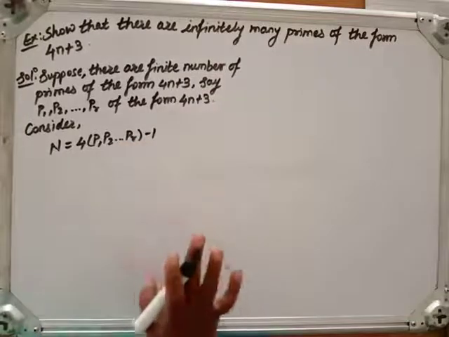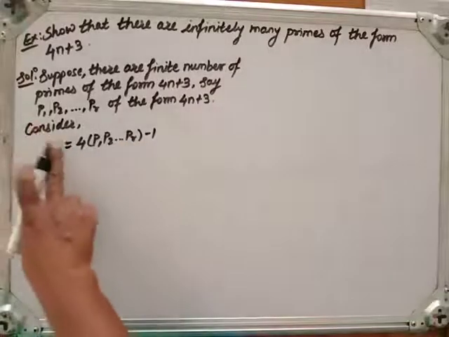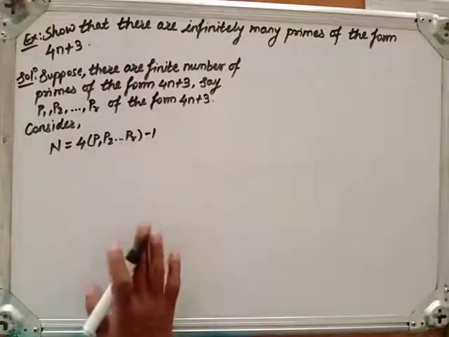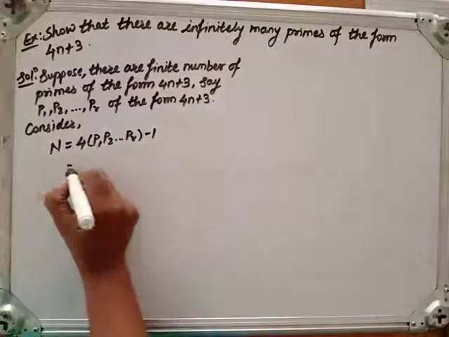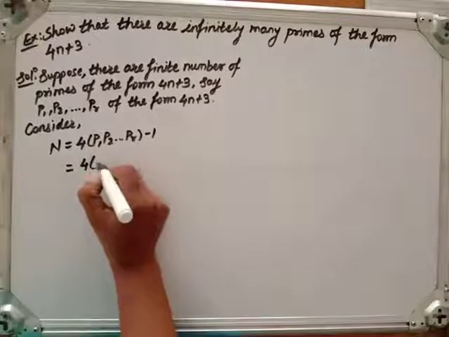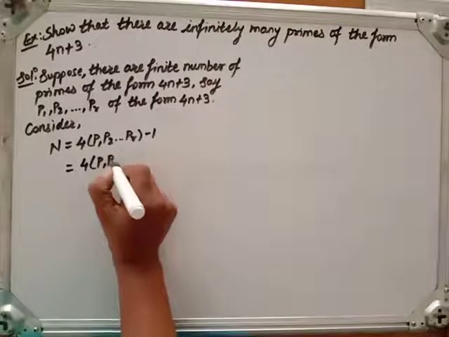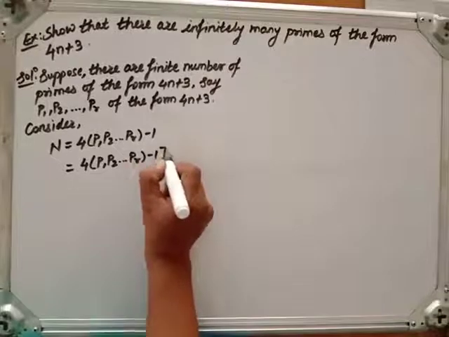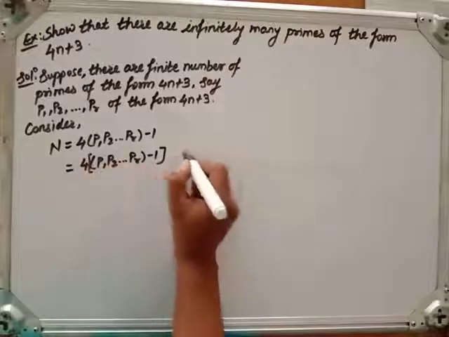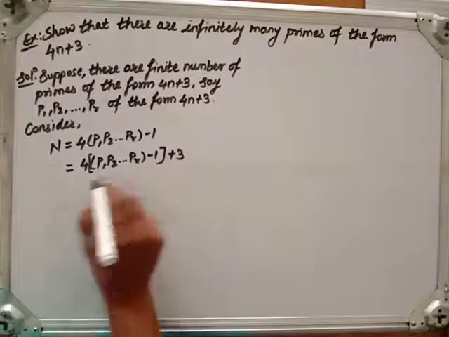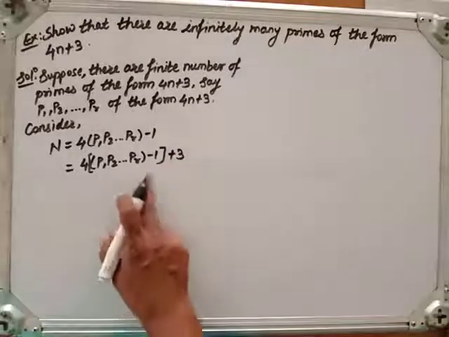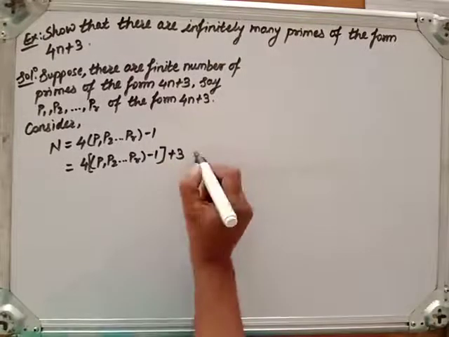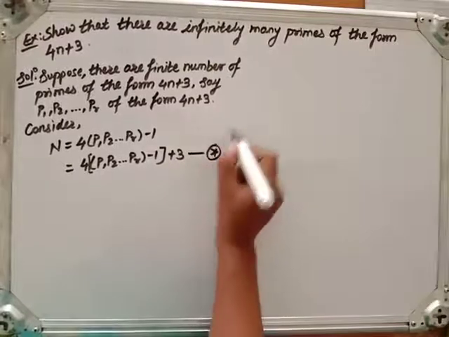Suppose n is 4 times the product of these primes minus 1. So this can be written as 4(p1p2...pr minus 1) plus 3. So it is of the form 4n+3. Let's make it as a star.